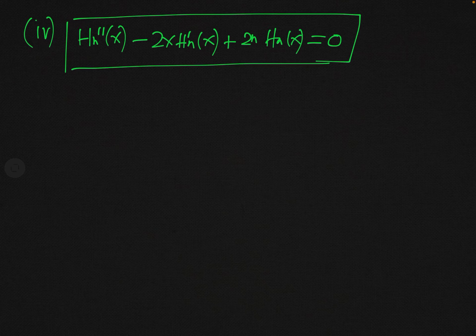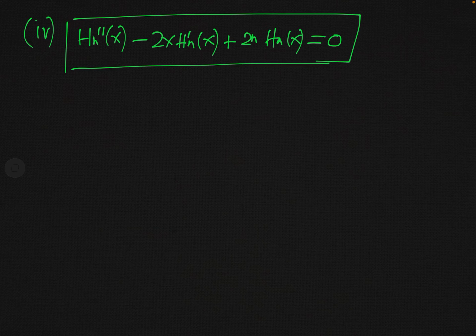If you see this fourth recurrence relation, you can see this is nothing but simply the Hermite differential equation. As you know, the solution of the Hermite differential equation is simply the Hermite polynomial of order n, that is Hn of x. And you know that the solution of any differential equation satisfies the differential equation itself. So if Hn of x is the solution of the Hermite differential equation, this must satisfy that equation.